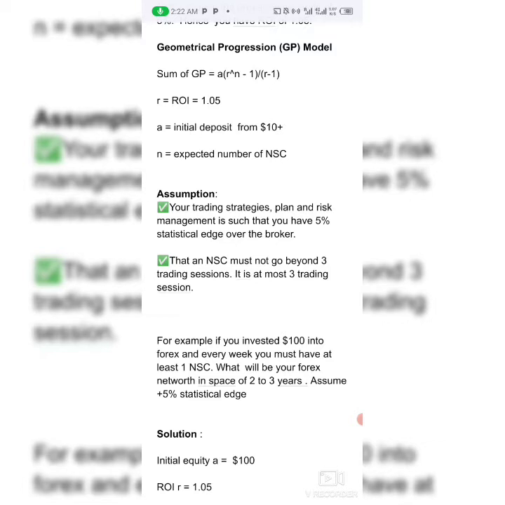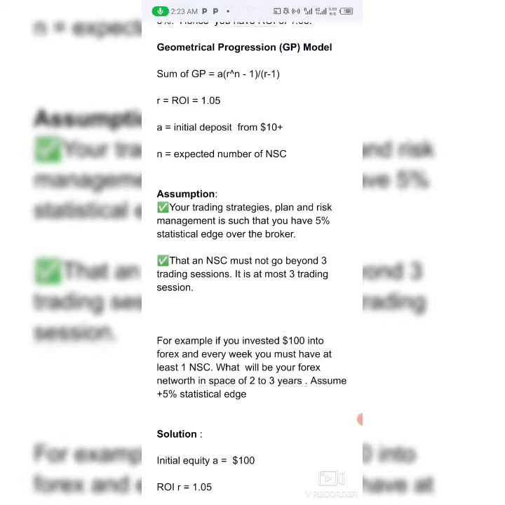Assumption: your trading strategy, plan and risk management is such that you have a 5% statistical edge over the broker. That an NSC must not go beyond 3 trading sessions.